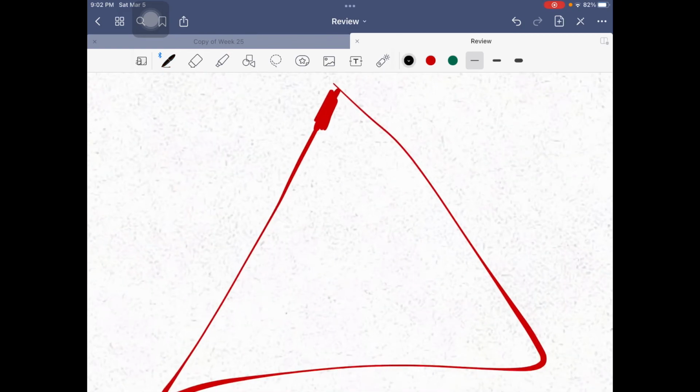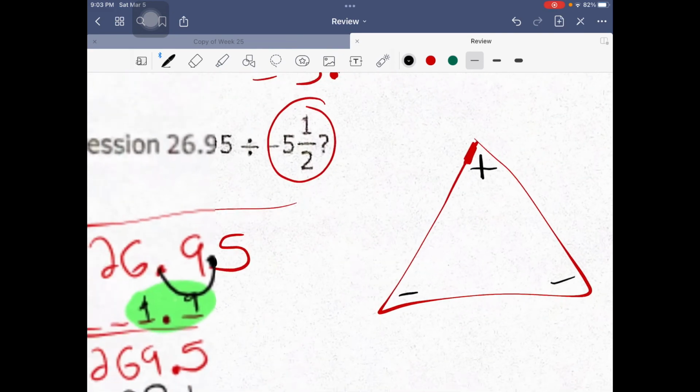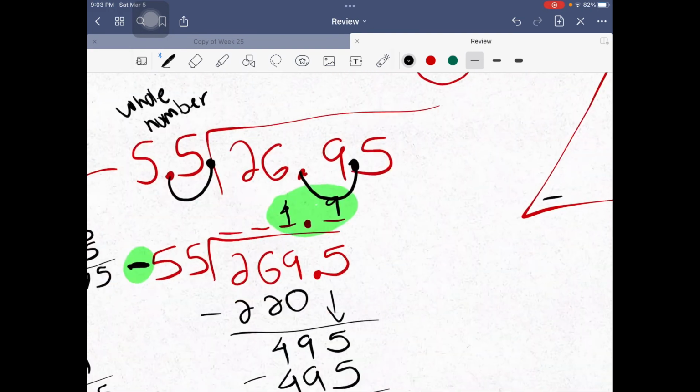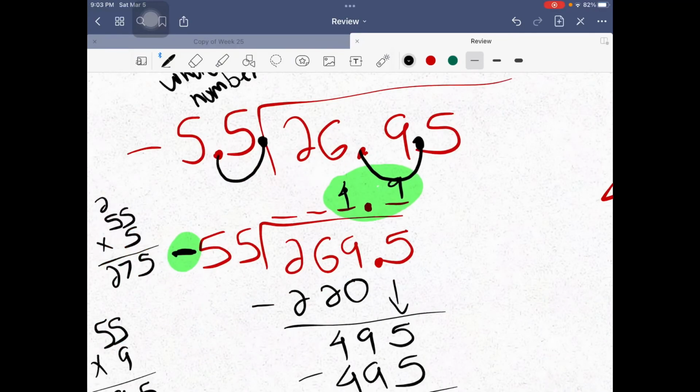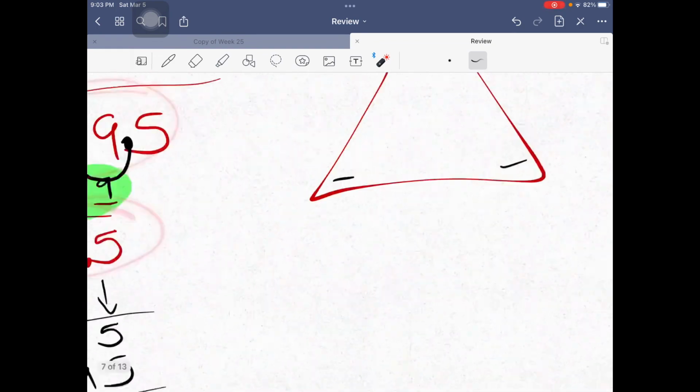Up here we have plus. Down here minus. There we go. Now, we have a positive and a negative. This one is positive. This one is negative. One positive and one negative.